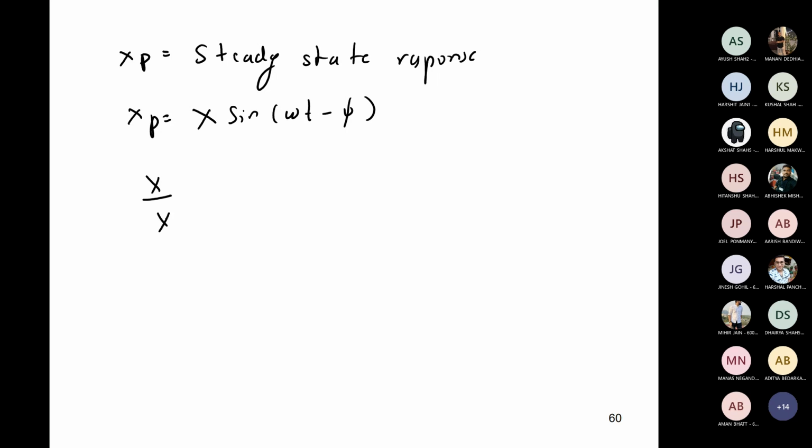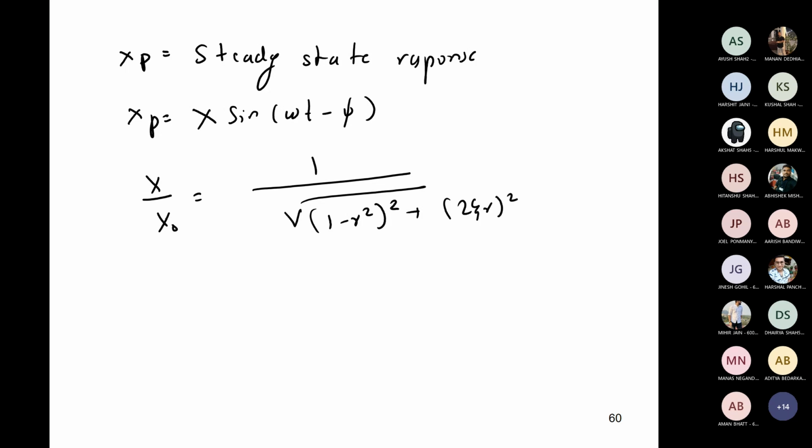So that is x by x0 is equal to 1 upon square root of 1 minus r square whole square plus 2 zeta r whole square. So r is omega by omega n. You know omega n. You know zeta.